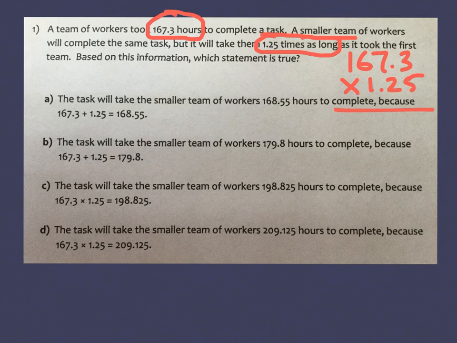So right away we know that the answer can't be A, because A was suggesting adding. And the same is true with B. So A's out, and so is B. Both C and D show multiplying, but they show different products. So let's do the multiplication and see what we come up with. 5 times 3 is 15, 36, 33.